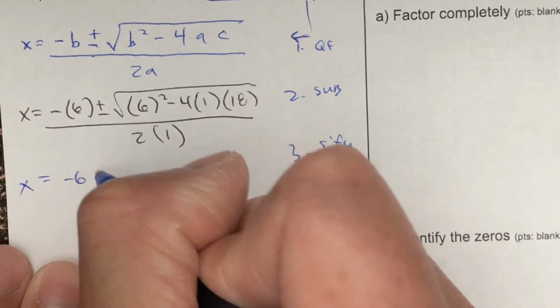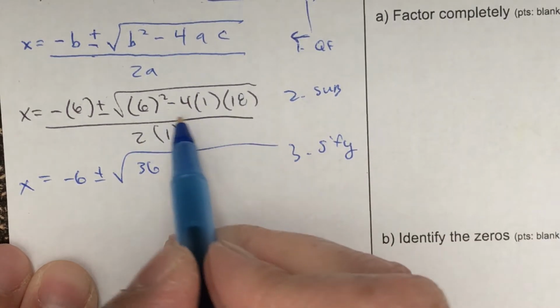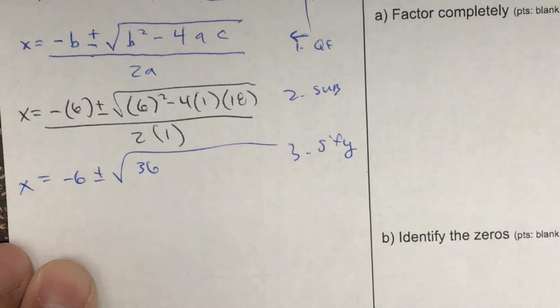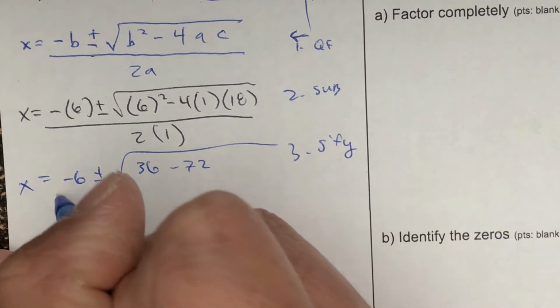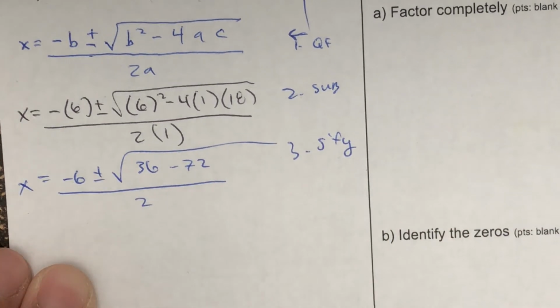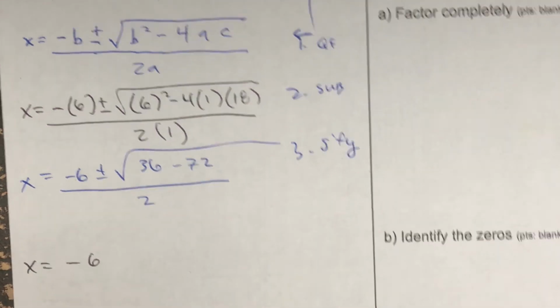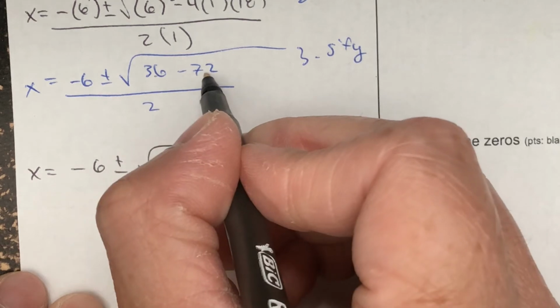Negative 6, plus or minus. 6 squared is 36. Negative 4 times 1 times 18, it's going to be negative 72, all over 2. Negative 6 plus or minus 36 minus 72.